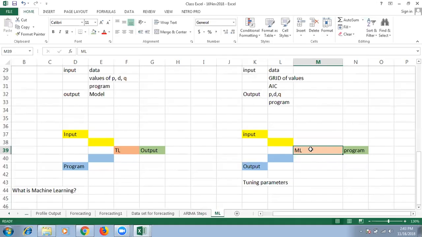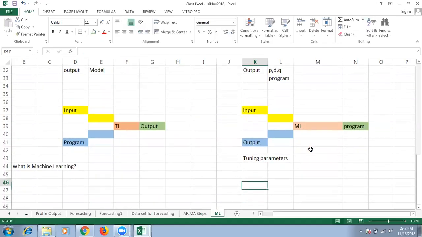P equal to 2, D equal to 1, and Q equal to 1, I got another model. So these models are different, right? Correct or not? So if I change the values of those tuning parameters, I will get different models. That is what I'm saying: how to get the best tuning parameters is the key thing when I'm trying to work on a machine learning problem.